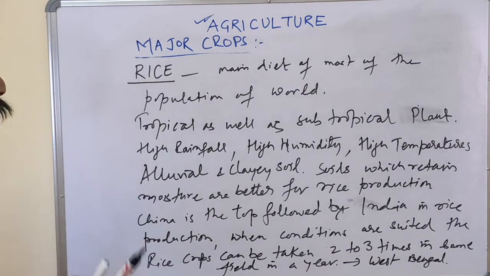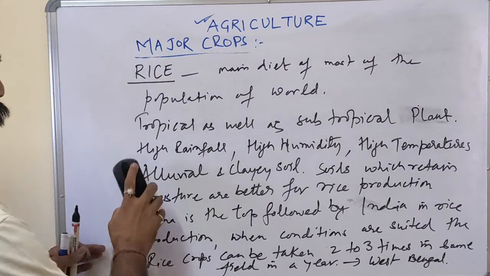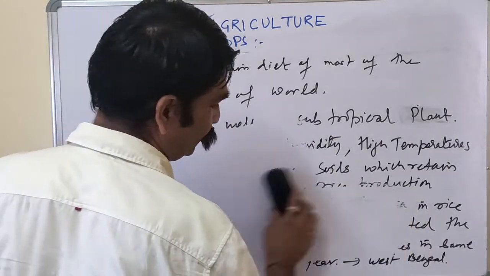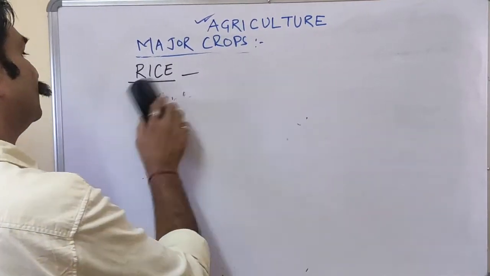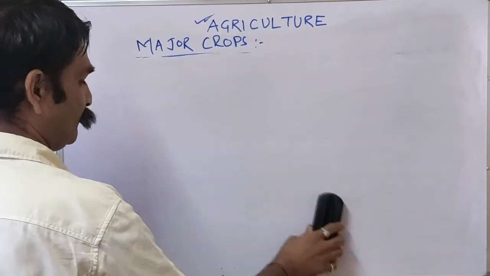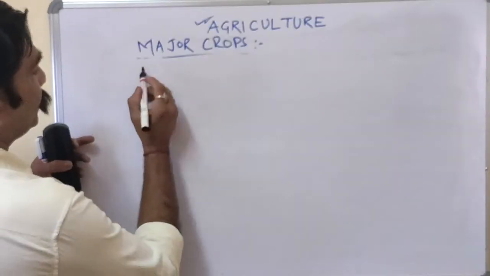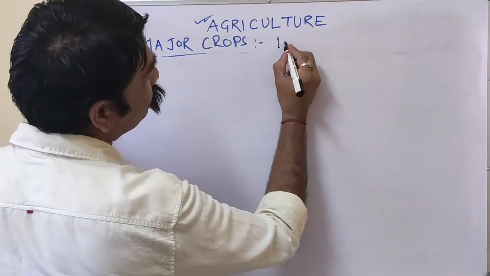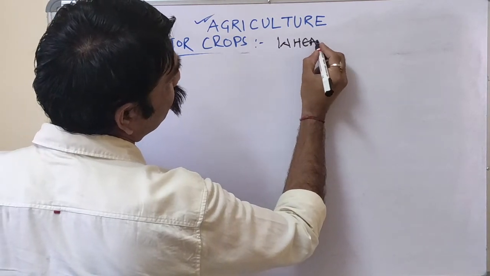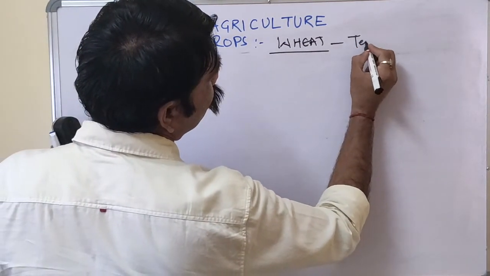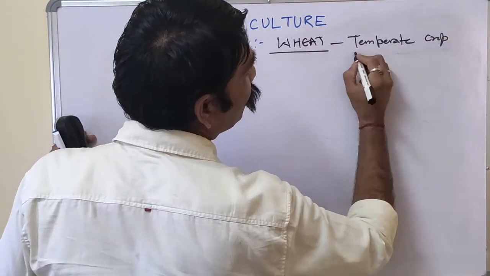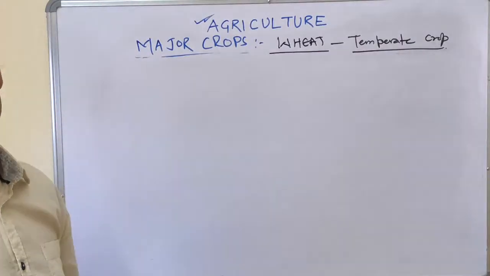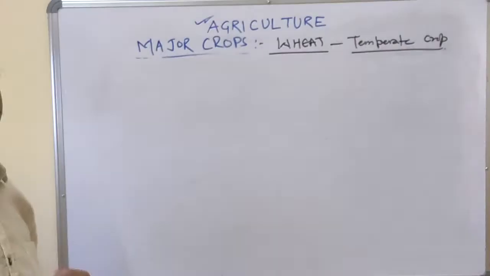Now we move ahead. We will be discussing the second crop, which is wheat. Wheat is a temperate crop and it is grown in the slightly colder areas.